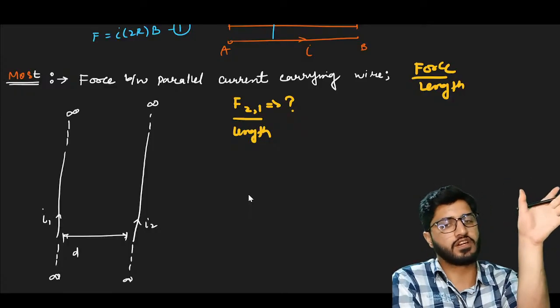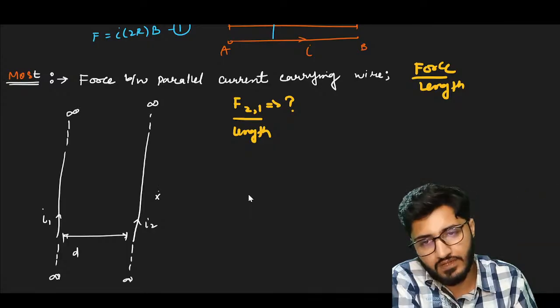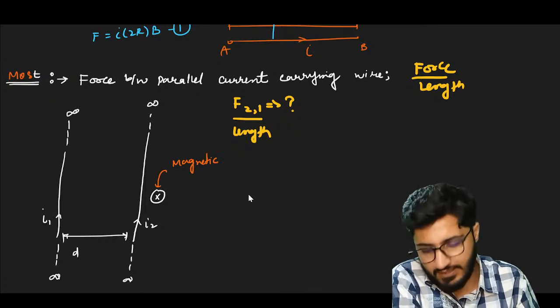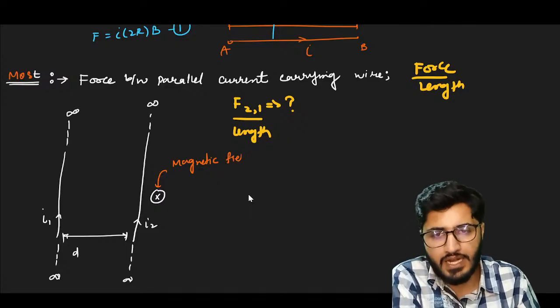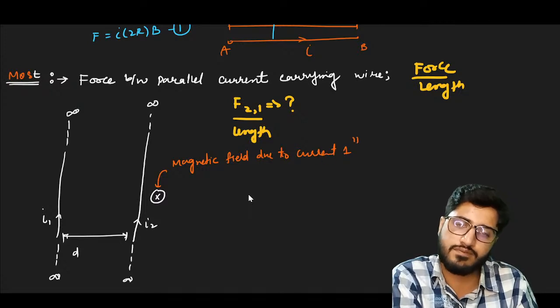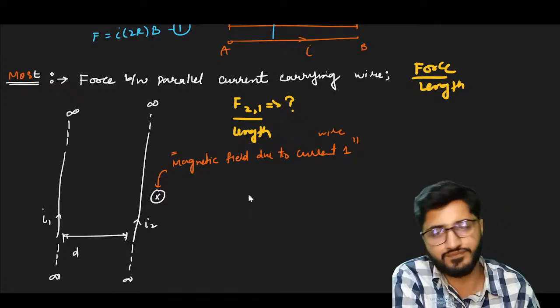Now stretch your fingers towards I2. So that means my magnetic field will be inward. What is this one? Cross. Is it magnetic field due to the first current-carrying wire? Yes, sir.